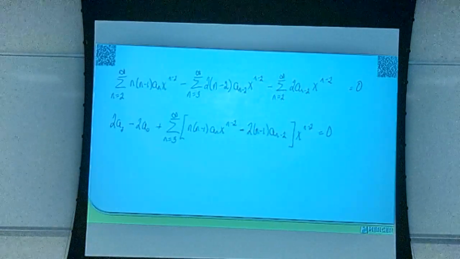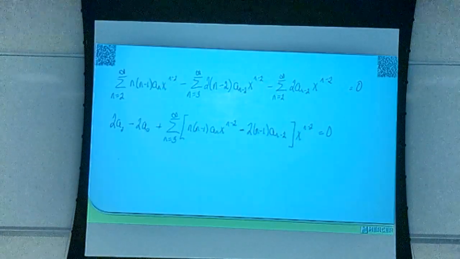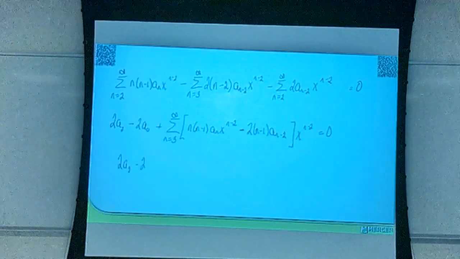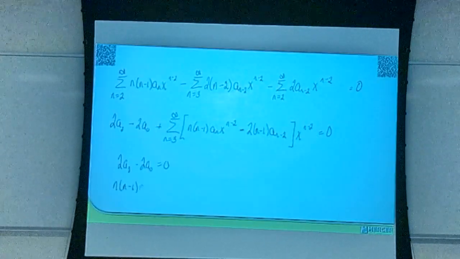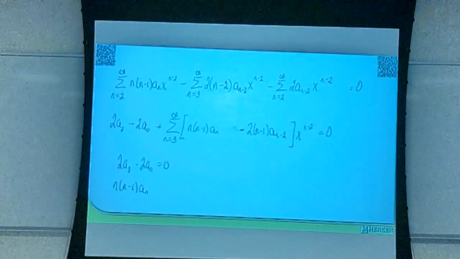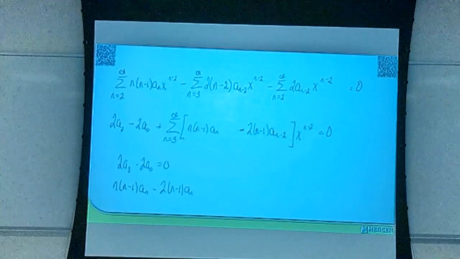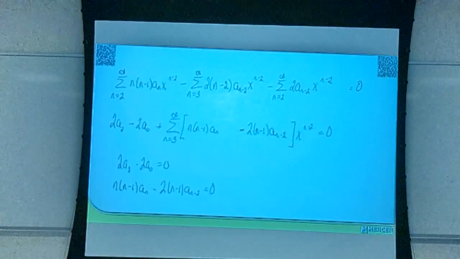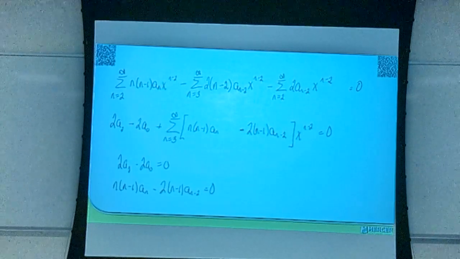Bummer. Out of time. I don't need that x to the n minus 2 there. Alright, those are your two equations that you get.